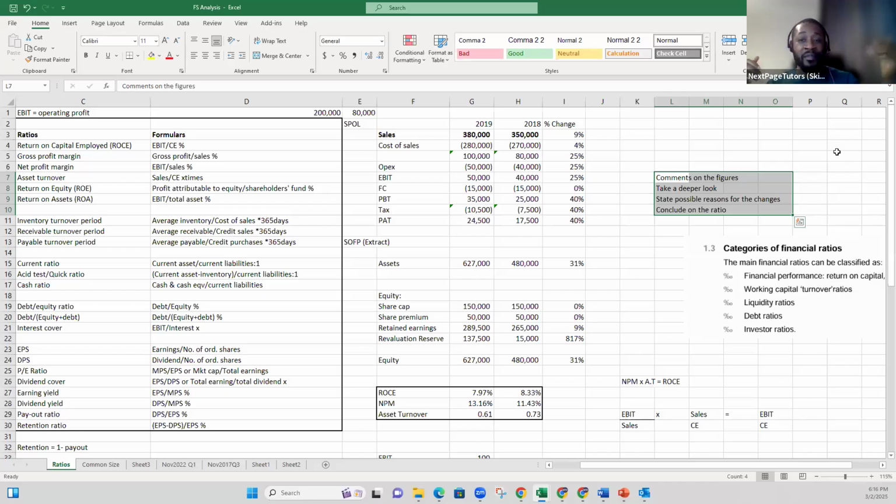So I've seen that my revenue increased from 350 to 380. Let me also look at my total assets. My total assets also increased, more significantly. The asset I employed increased more significantly, 31%, and revenue only increased by 9%, and that is what is responsible for the decline in asset turnover.